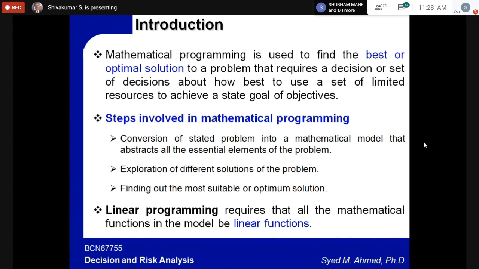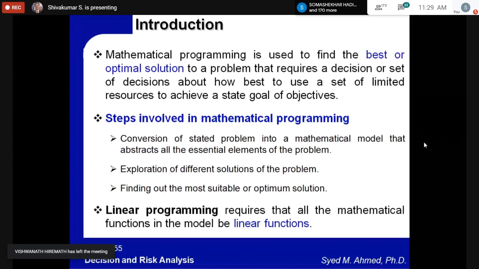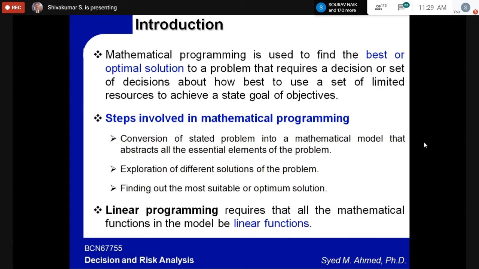You have hundreds of jobs, you have hundreds of workers, but they have only limited machines. Machine constraint. Or you may have many machines and a number of jobs waiting, but the workers are fewer, so you have a worker constraint. You may have a layout constraint, no space. You may have capacity constraints. You may have a capital constraint, a money constraint.